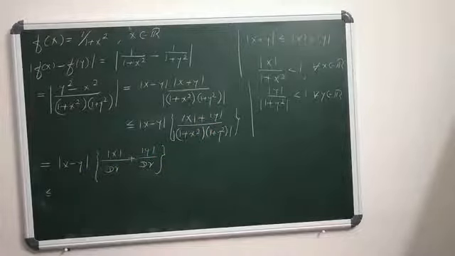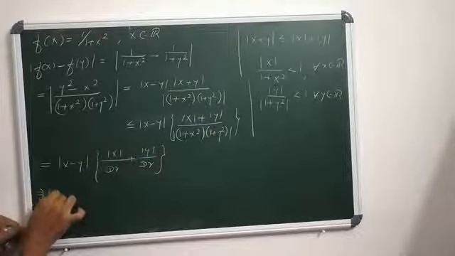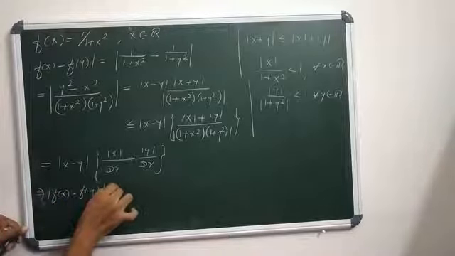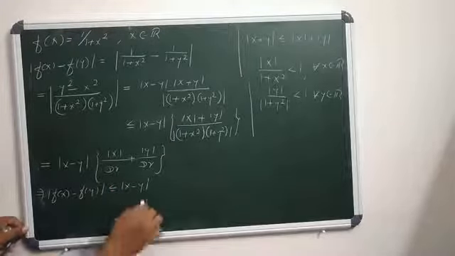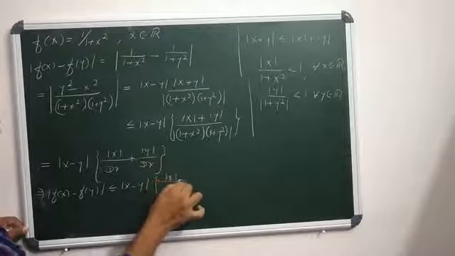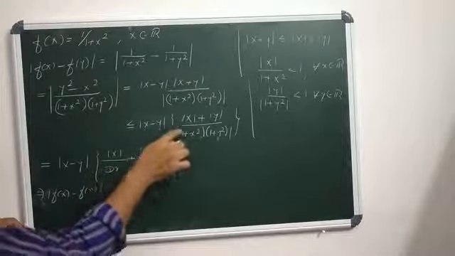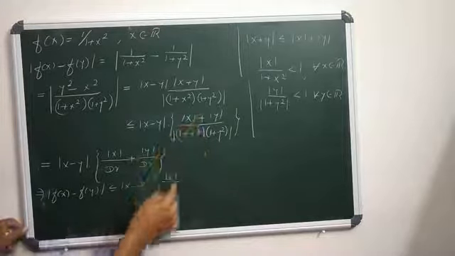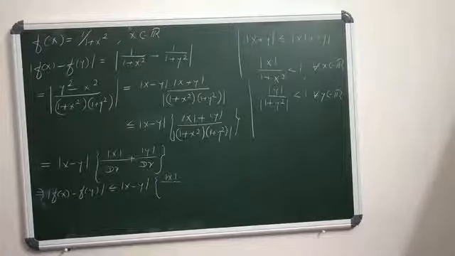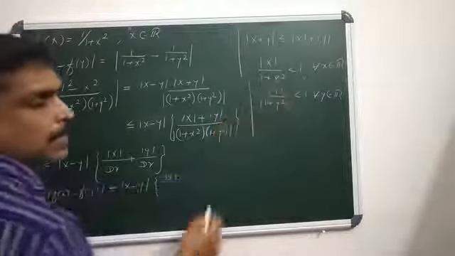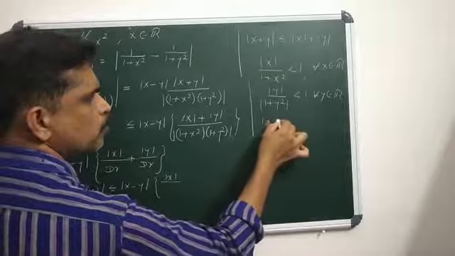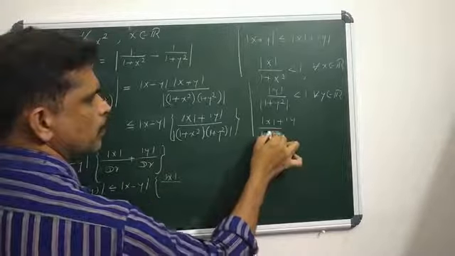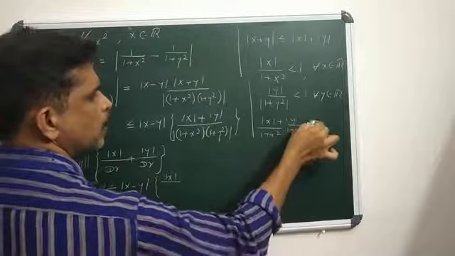That means modulus of f of x minus f of y is less than or equal to modulus of x minus y into mod x by 1 plus x square plus mod y by 1 plus y square.